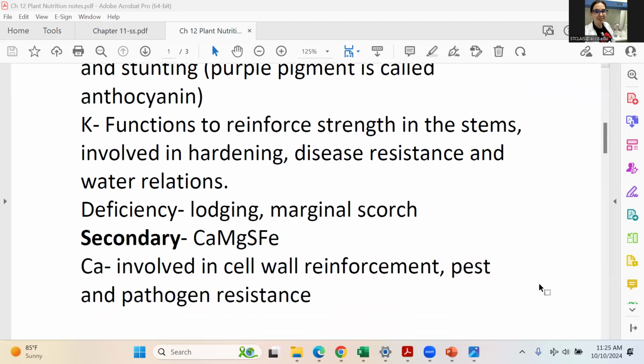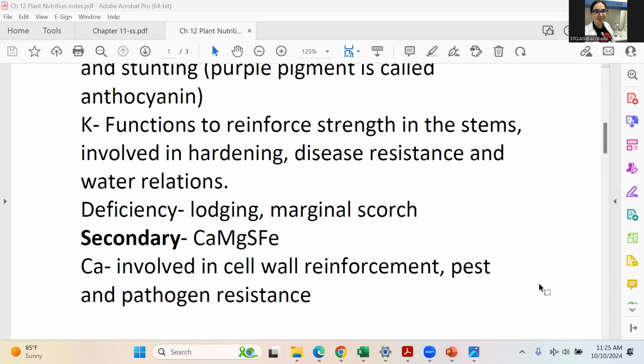For potassium, it functions to reinforce strength in the plant stems. So when we talk about hardiness, the stems themselves will actually be more durable if we have adequate potassium. It's also involved in hardening. So this can be hardening for heat or cold, as well as having some involvement in disease resistance and water relations.